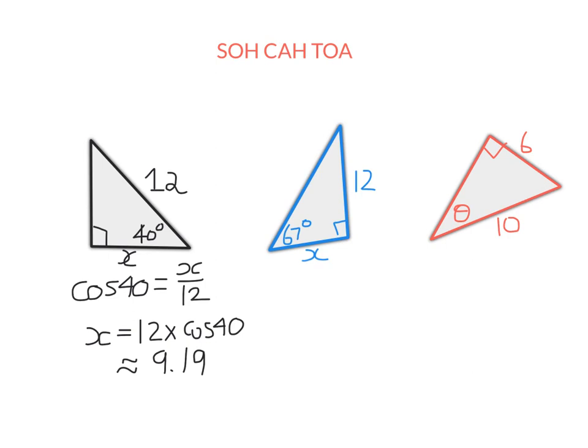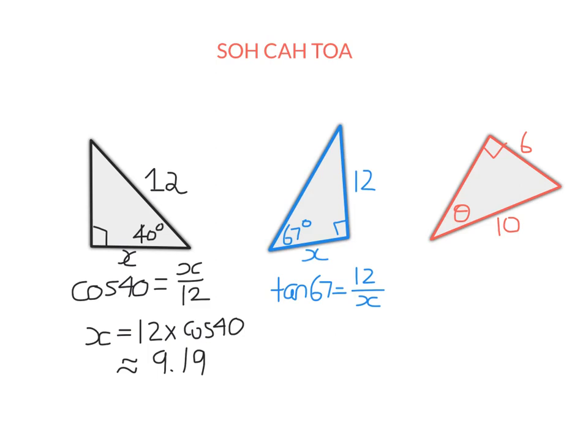All right, let's look at this example here. This time I have the adjacent side and the opposite side. Opposite, adjacent, I use tan. So I have tan of the angle equals opposite over adjacent. Now this time, when I'm solving, the x, the thing that I want to find, is on the bottom.